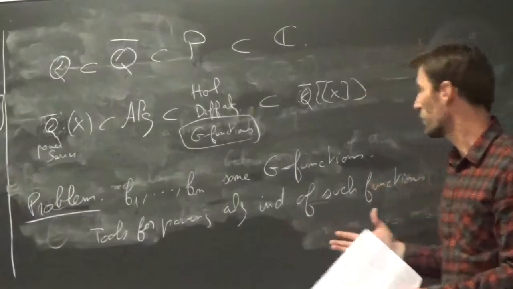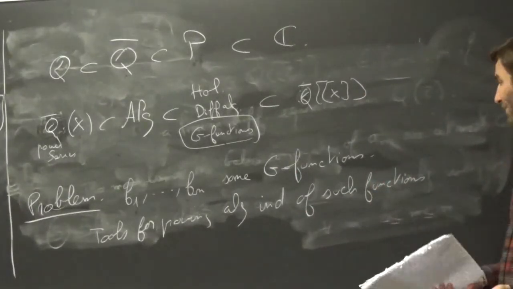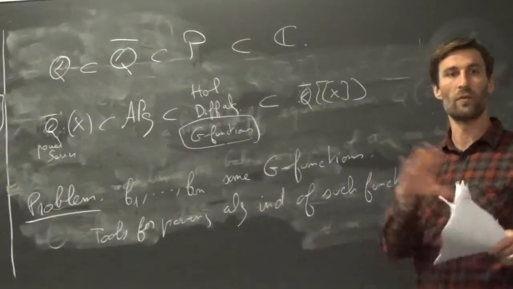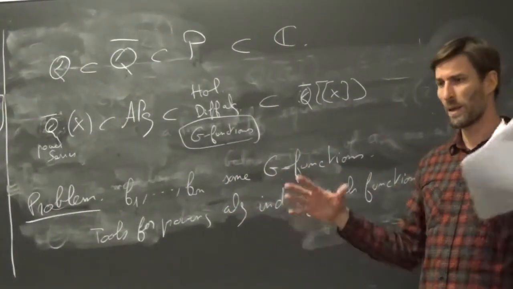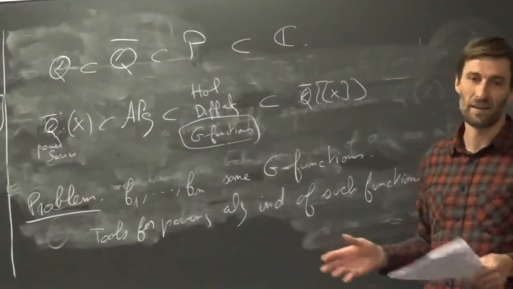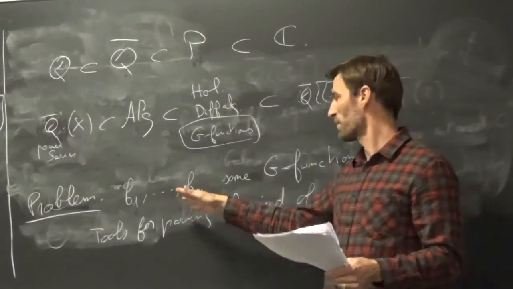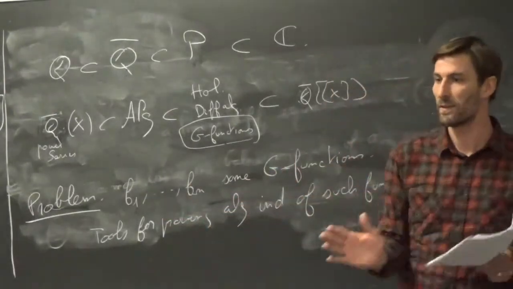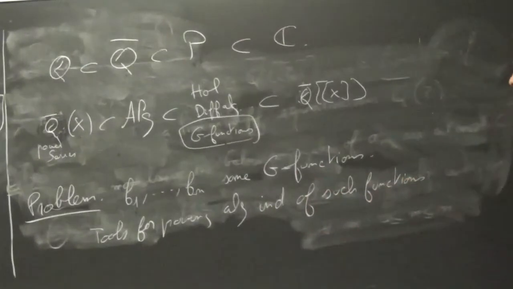If I want to use differential Galois theory, I have to find a differential system with all these functions. Maybe the size of the system will be at most the sum of the sizes, sometimes smaller, but it may become quite big.